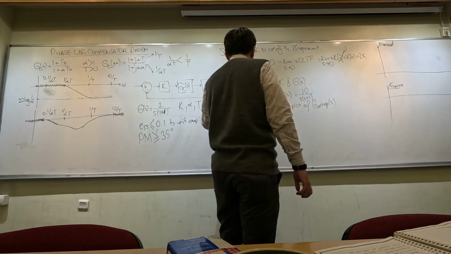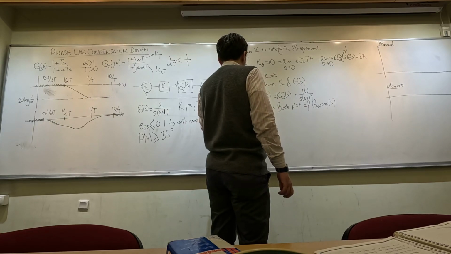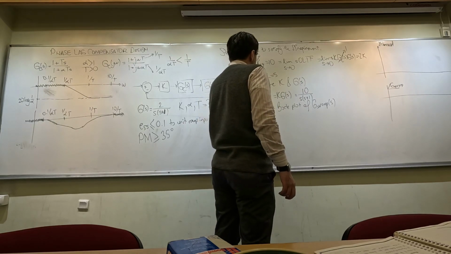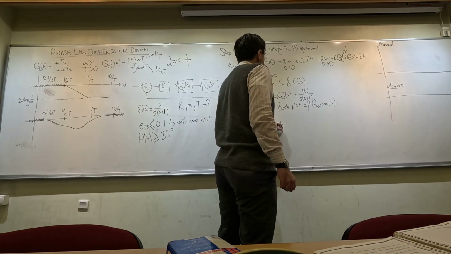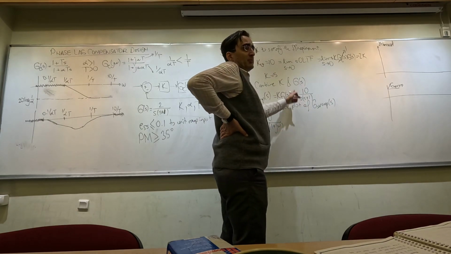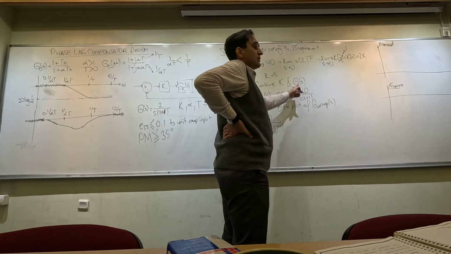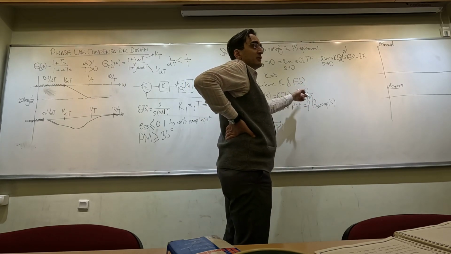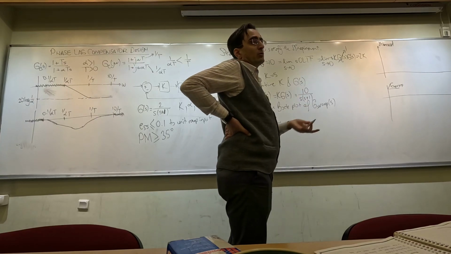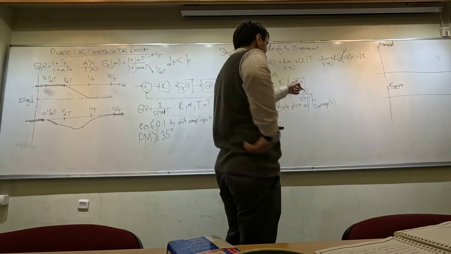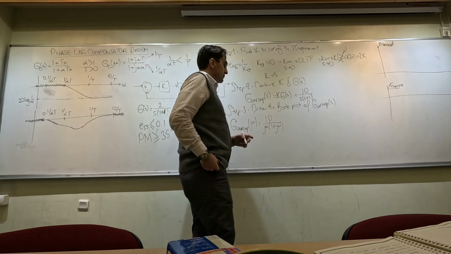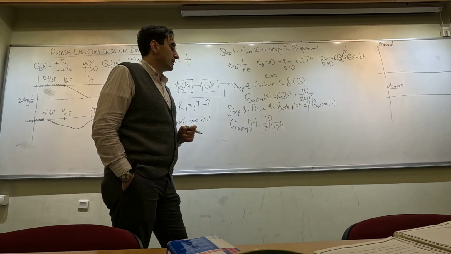That means that I will substitute s equals j omega here. This is going to be 10 over j omega times 1 plus j omega. Here, sometimes the transfer functions really are not in bode form, so bringing it into bode form first and then trying to draw the bode plot might be more useful. But this is already in bode form. That is why I can substitute directly s equals j omega here.